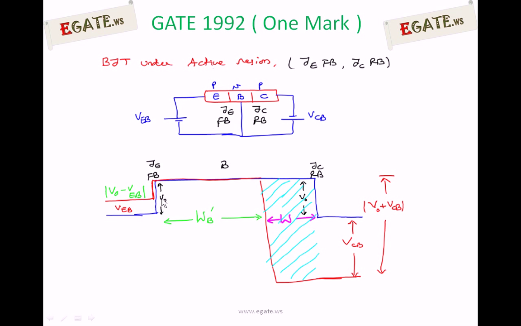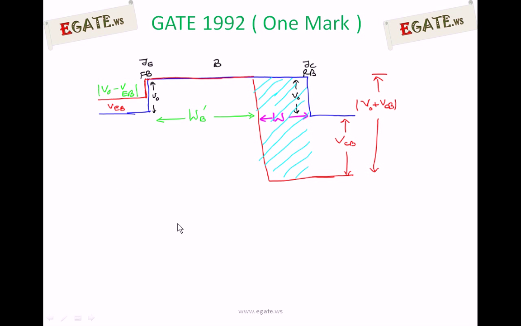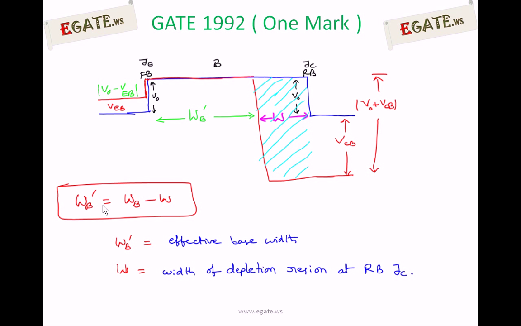Previously under open circuit, majority carriers are available from the emitter base junction towards the collector base junction, but in the active region, because of reverse bias, the depletion width penetrates into the base side, so the effective base width is going to reduce. We can call WB dash as WB minus W. So WB dash is the effective base width, and W is the width of the depletion region at the reverse biased collector base junction.